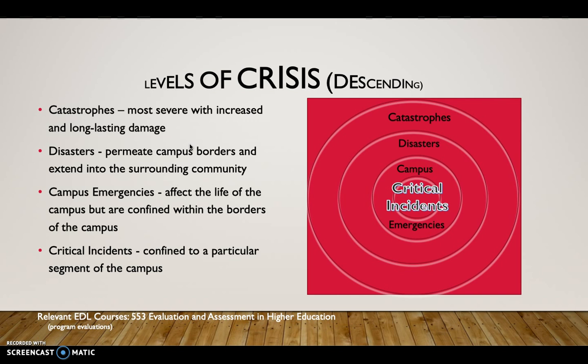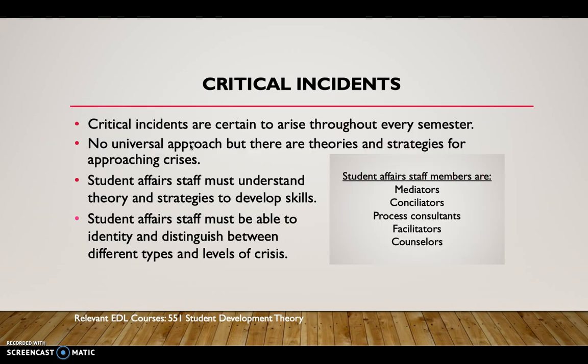And critical incidents, which is what we'll be discussing, are confined to a particular segment of the campus. A relevant course in discussing this, I believe, would be 553, Evaluation and Assessment in Higher Education, because that will assess the programs and the processes that we use to respond to these crises.